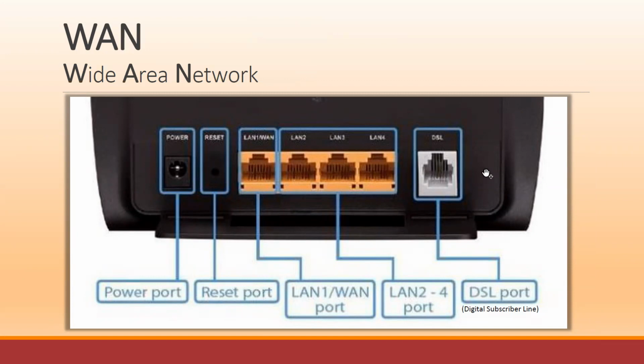All right. We have something that's called DSL. And that looks like a phone jack. Well, it is a phone jack, because DSL is a digital subscriber line. It's an internet signal superimposed onto a phone line. So this will be a DSL port. If the internet is provided to you in a DSL form, that's where you connect.